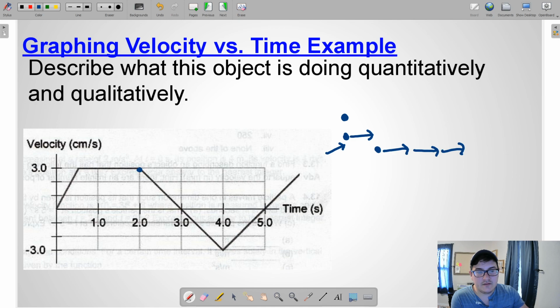And then, right here, it's going to come to a stop. And now, after some time, it's going to be going in the negative direction. And then it's going to very quickly turn around and start coming to a stop again. Let me erase right there real quick.